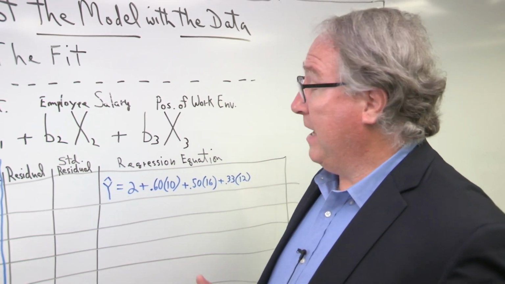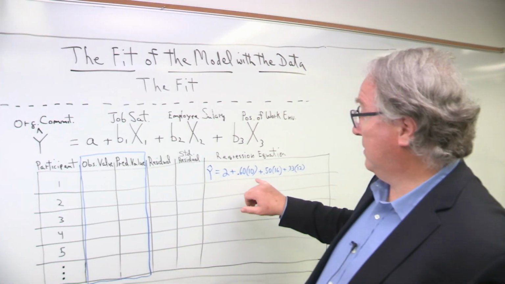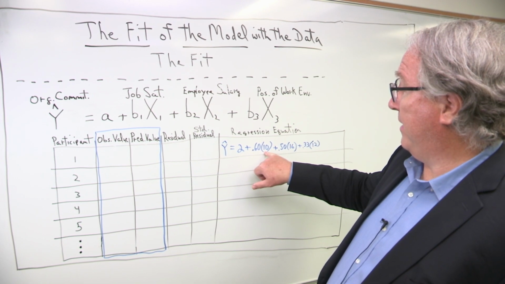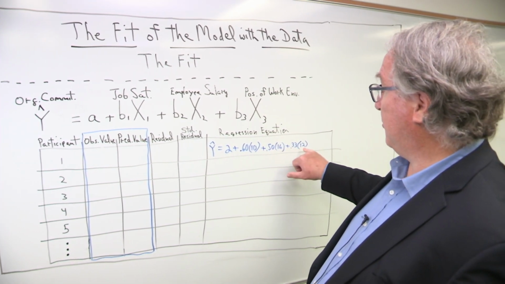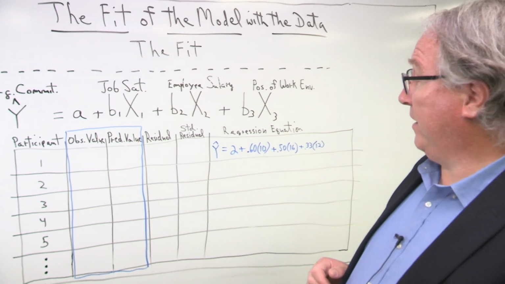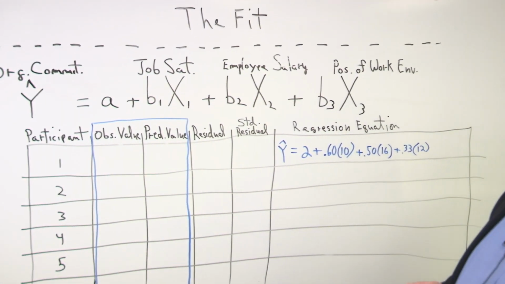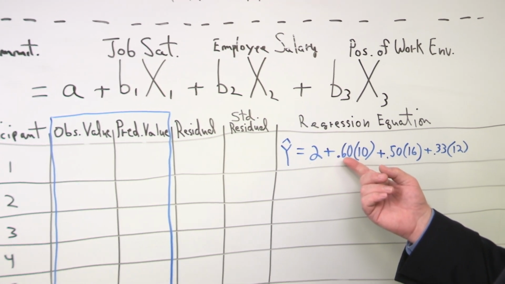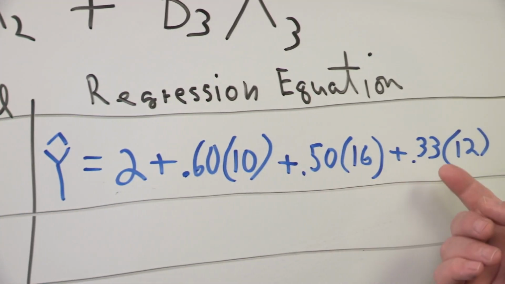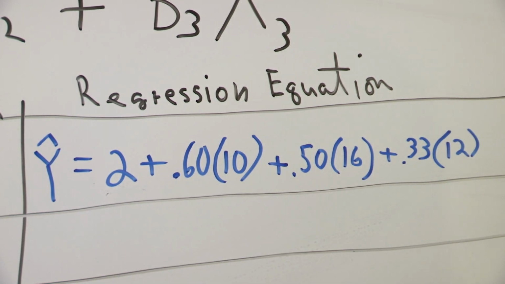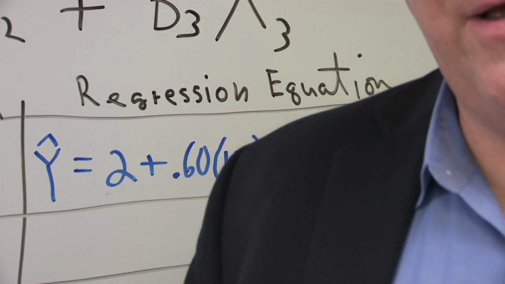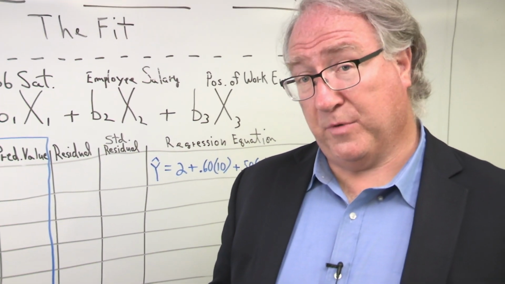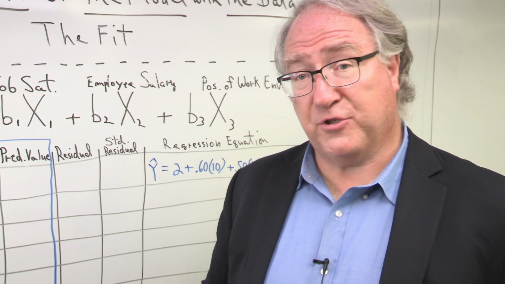Okay. So now that we have participant 1's scores on each of our predictor variable measures, along with the constant and understanding the strength and the direction of the relationship of each of our predictor variables with the outcome variable, we can mathematically generate a predicted value for participant 1 on the outcome variable measure.